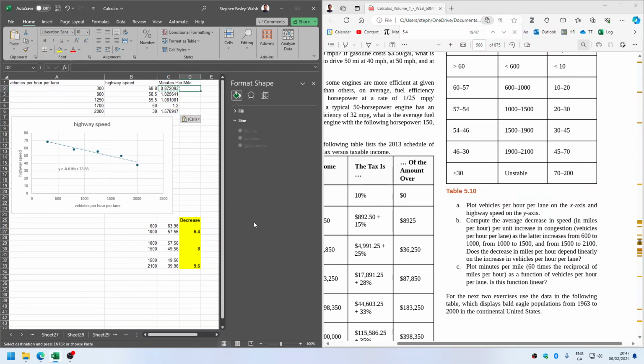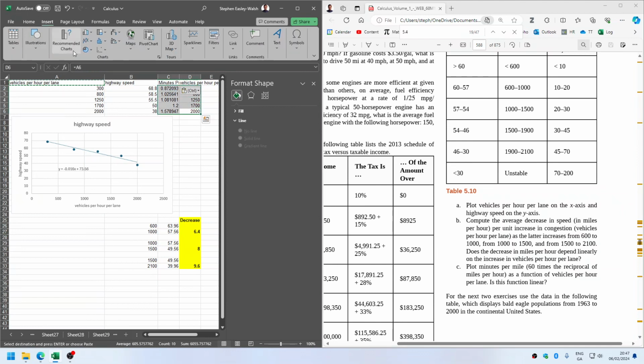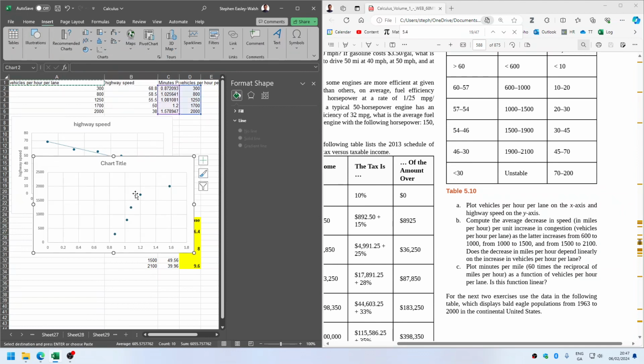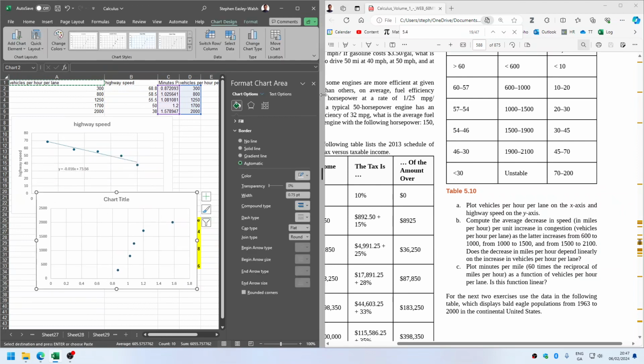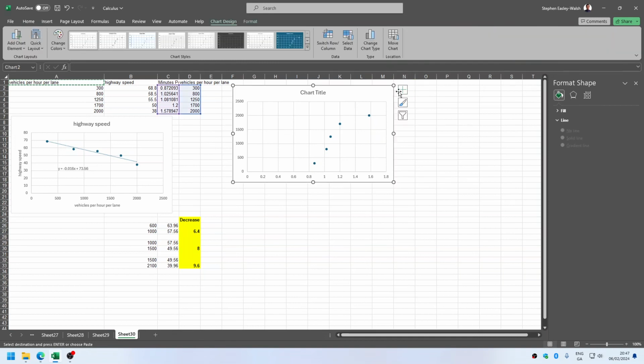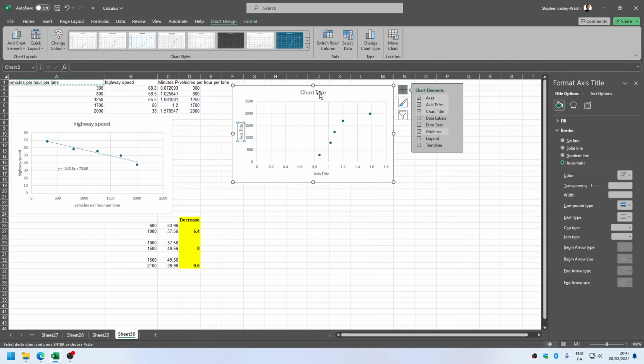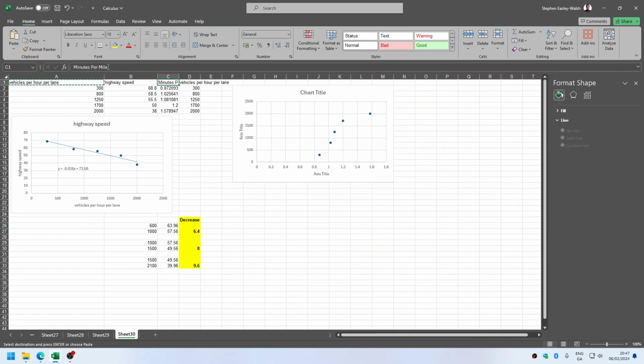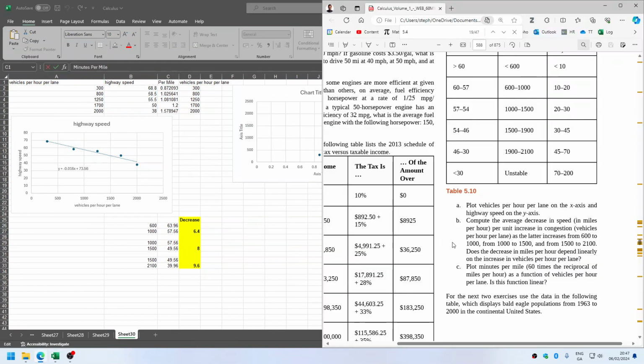Then I'll put in a scatter plot. Is it linear? Oh wait, do I have it the right way around?